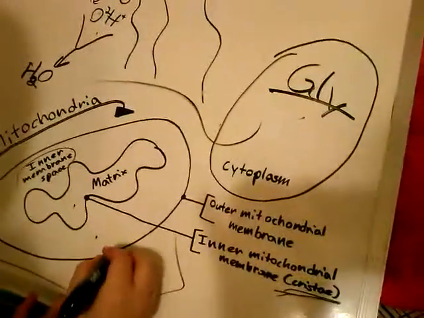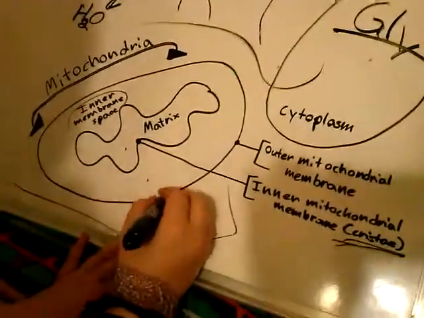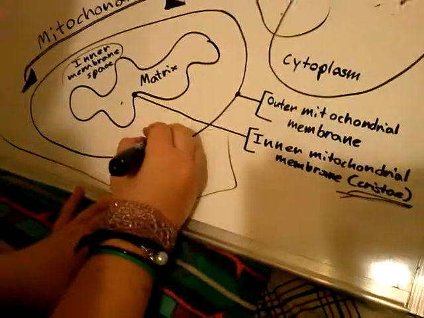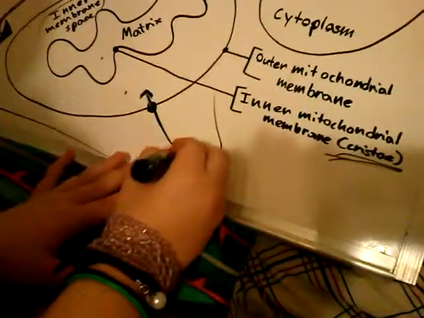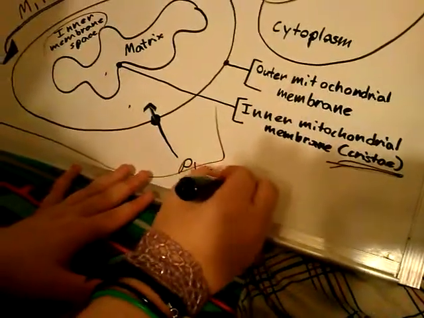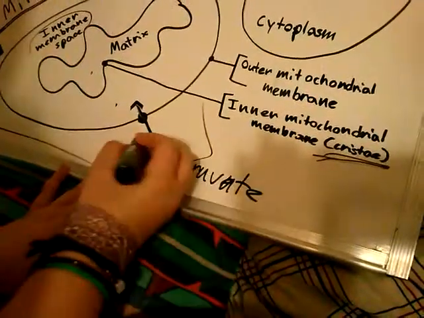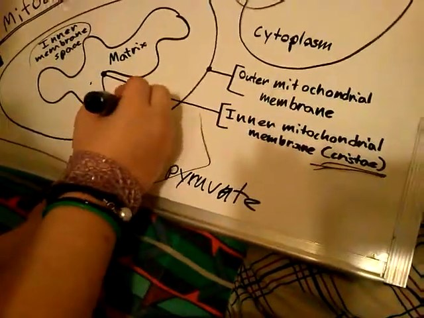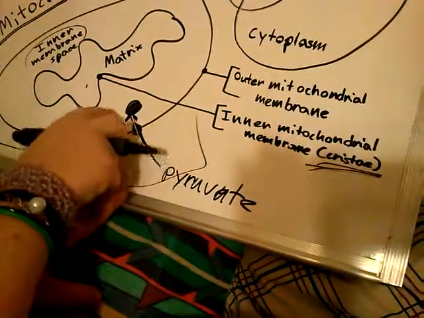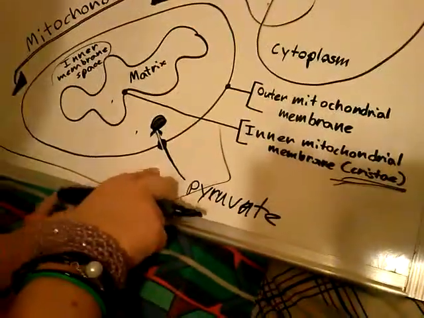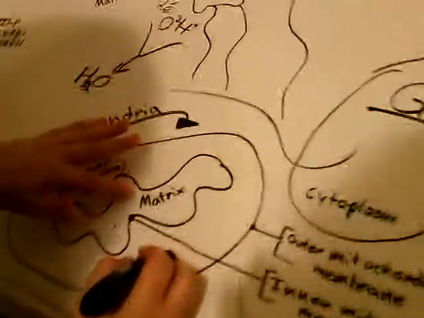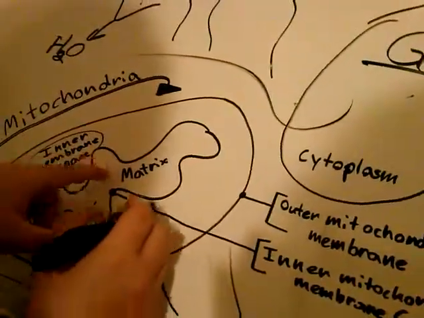Okay, and then we talked about how the pyruvate that we get goes through the protein pumps in active transport into the inner mitochondrial space. So we lose ATP because we have to use some to get in there. And then this is where the proton gradient happens.